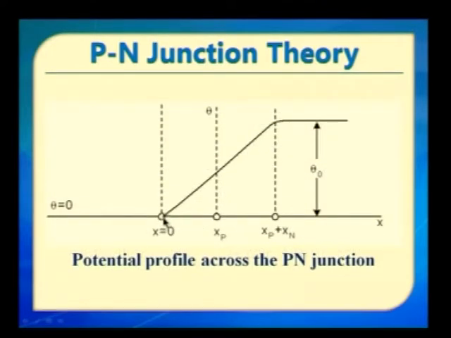This is the p type, this is the n type, and if a carrier tries to come here, then it has to overcome a barrier of this kind. So, theta naught is the height of the potential barrier. The electrostatic potential is a long range potential.